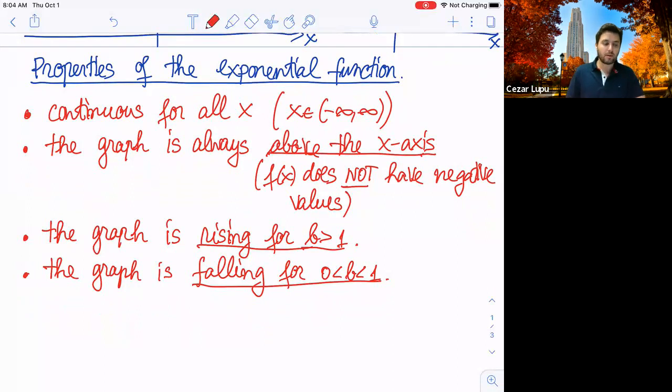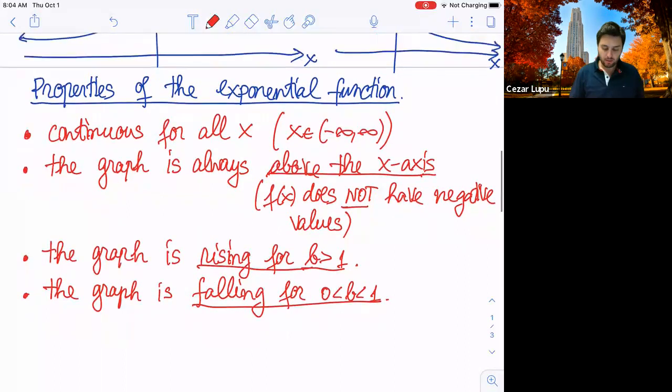And now these are the basic facts about the exponential function. And now we would like to talk about the logarithmic function.